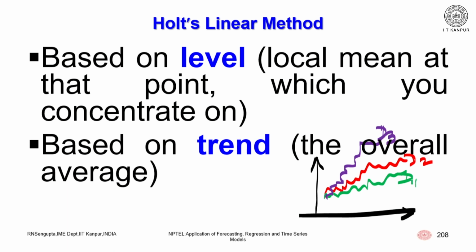Now, if you remember the first point, based on a level, the local mean at that point, you can concentrate on from where you want to start. So, that point would be denoted by this, which is what the idea is about the level, at what level I am starting.